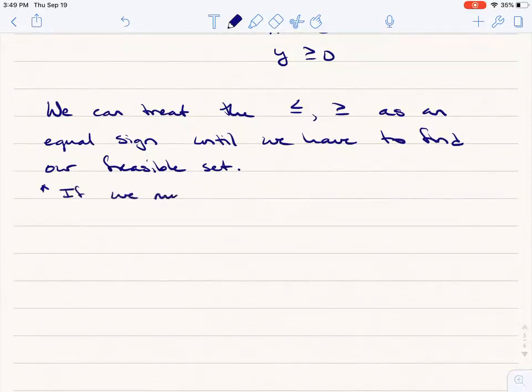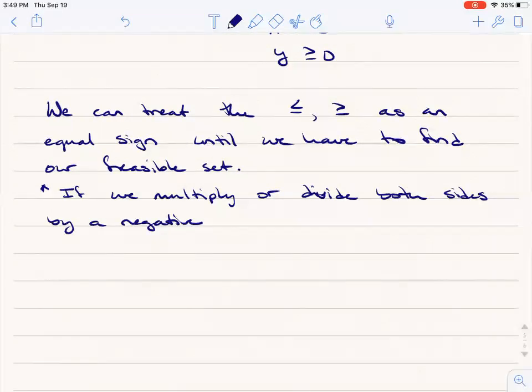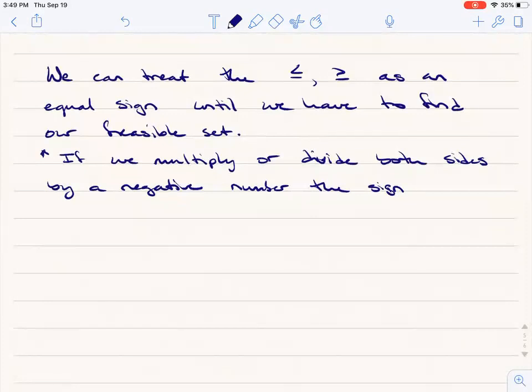If we multiply or divide both sides by a negative number, so it's only for negatives, the sign changes direction. Like I said, that's not something that you're going to have to deal with or worry about, but it is a fact.